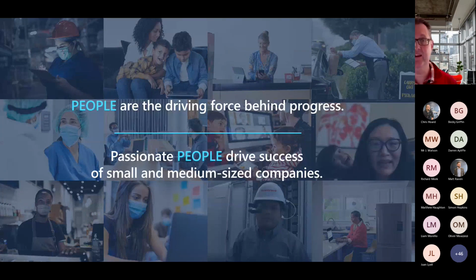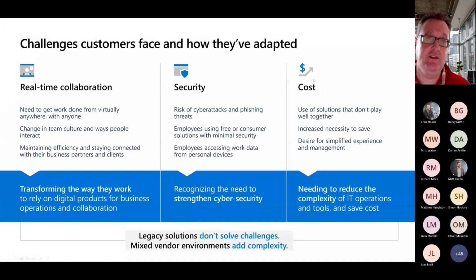And really, these days, it is all people driven. These days, we're trying to get people to communicate, to work together, to be that one-stop shop for everything that we have. And we're trying to do this across what we call real-time collaboration, where we need to make sure that even in this virtual world that we live in, we can all work together, we can all communicate, we can all work together on those projects, we can all manage those environments.